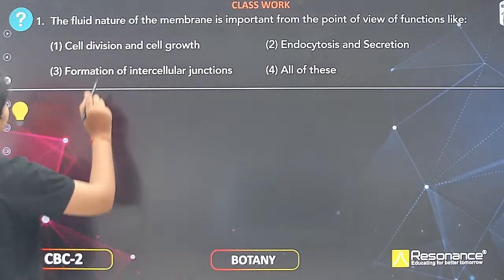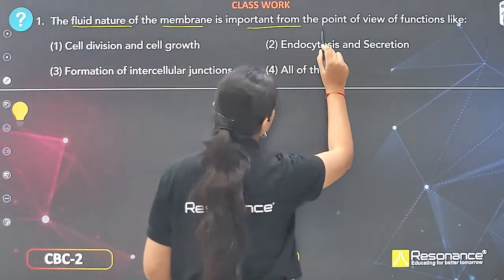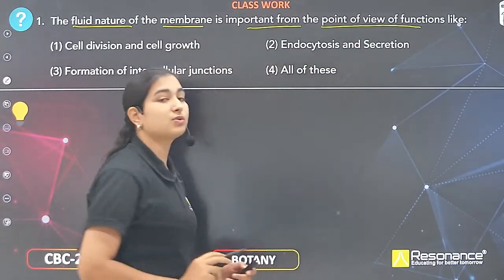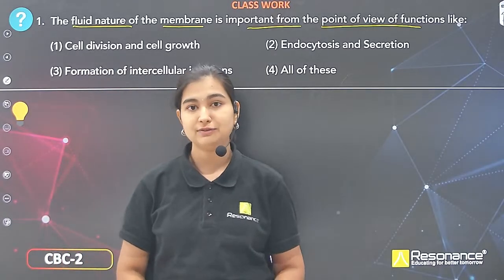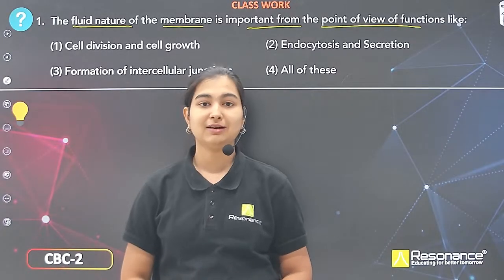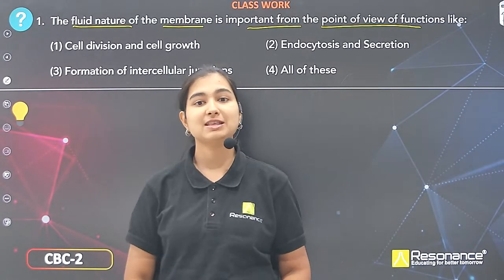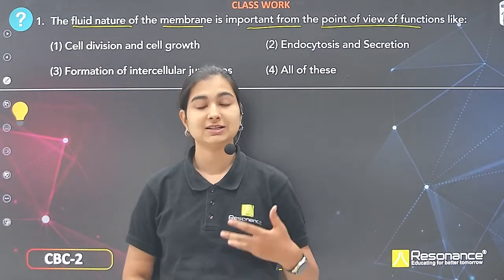The fluid nature of the membrane is important from the point of view of its functions. As in the chapter cell, you have read about the cell organelles and the structure of the cell membrane. Now they are asking, with respect to the cell membrane, what are all the functions that it carries out?